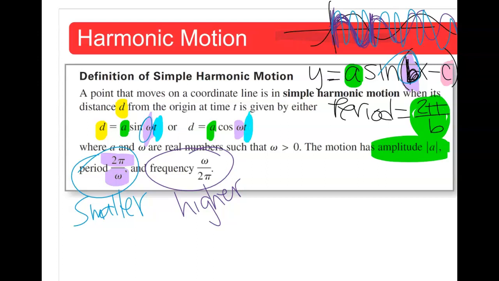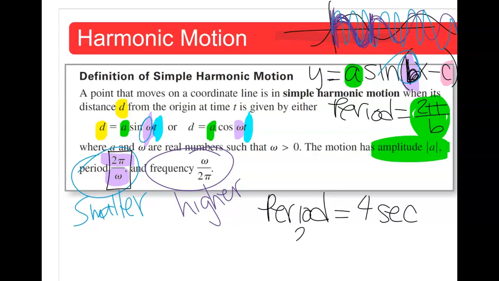But what we know is that from our previous problem, the period was 4 seconds. And so 4 seconds, I'm going to replace the word period with the formula. So it will be 2 pi over omega, and that was 4 seconds.